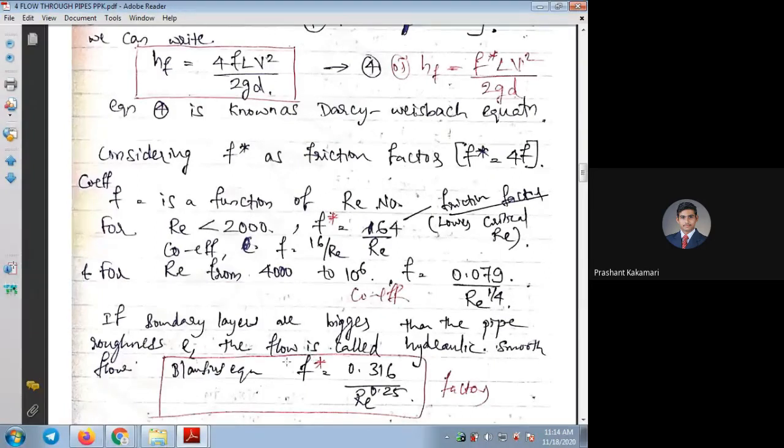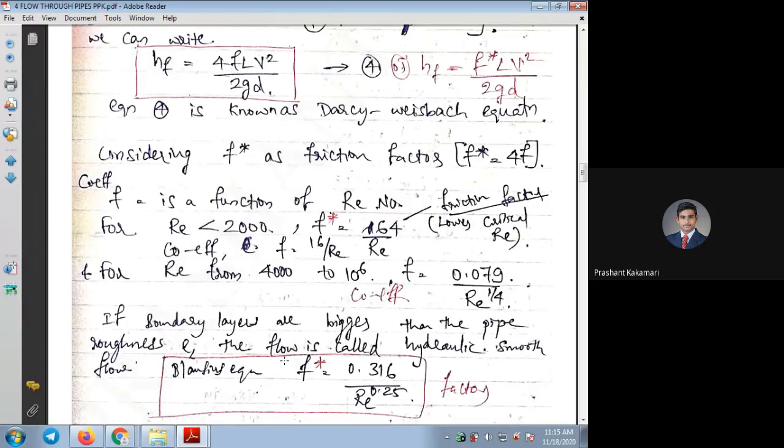And the boundary layer, as I told you, is nothing but the layer of fluid in contact with the inner surface of the pipe, the fluid particles which are in contact. There we cannot say directly that only the outer layer is in contact, because in turbulent flow the fluid particles are continuously moving in between.